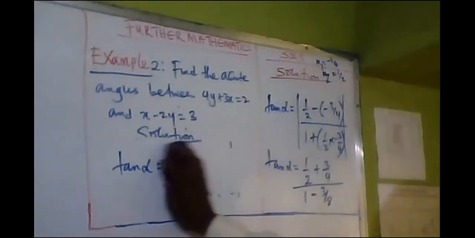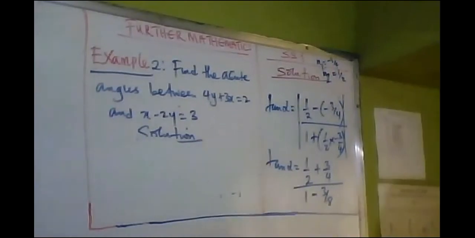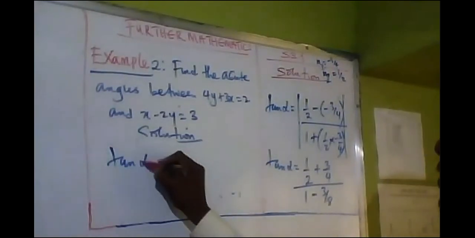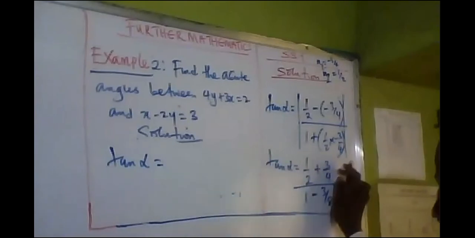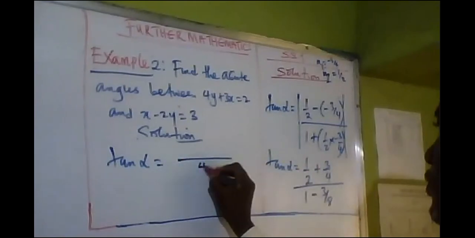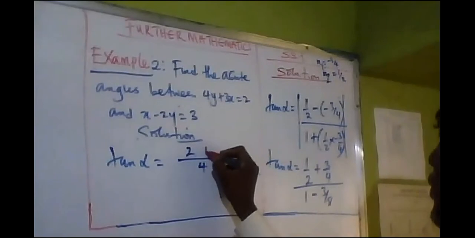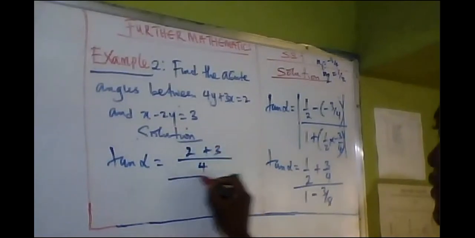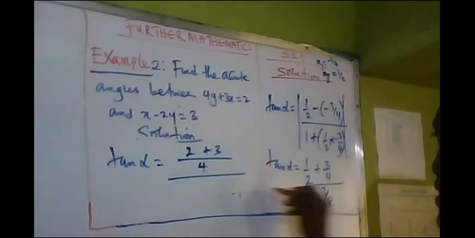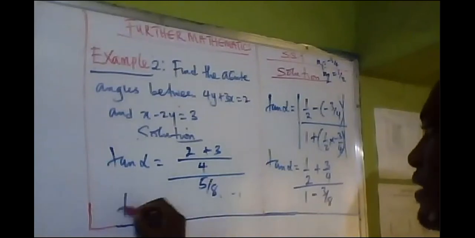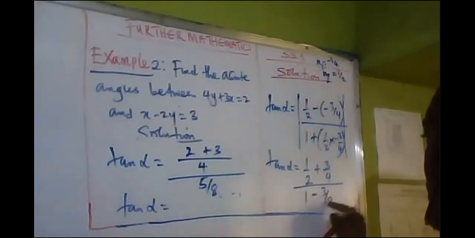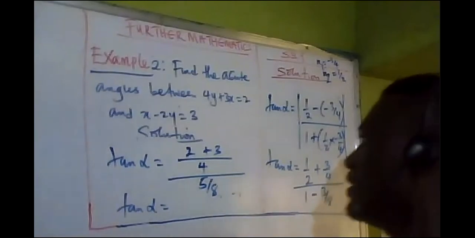So tan alpha is equal to, let's look for the LCM of these two. That's 4. So 2 goes in 4 twice, 2 times 1 is 2, plus 3, all over 1 minus 3 over 8. You can use the LCM to get this: 8 minus 3 gives you 5 over 8.